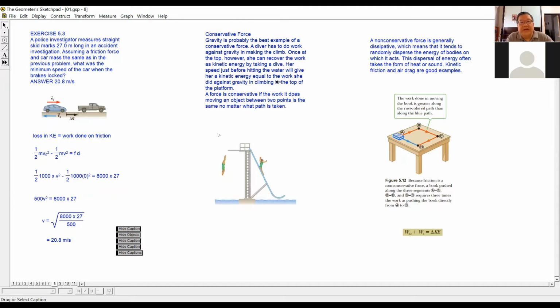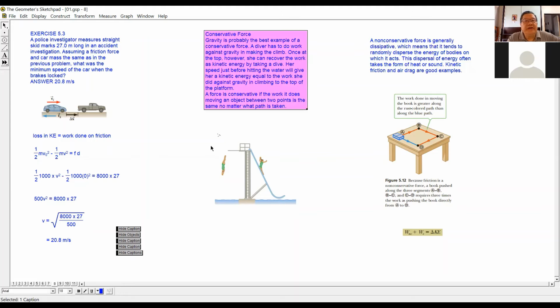Whatever energy that we have, we can still get back. Whereas a non-conservative force involves friction, so some of the energy is used up as friction. So in general, you just think that a conservative force doesn't involve friction, and a non-conservative force involves the frictional force.